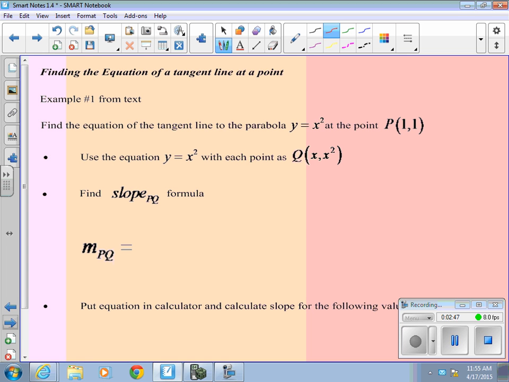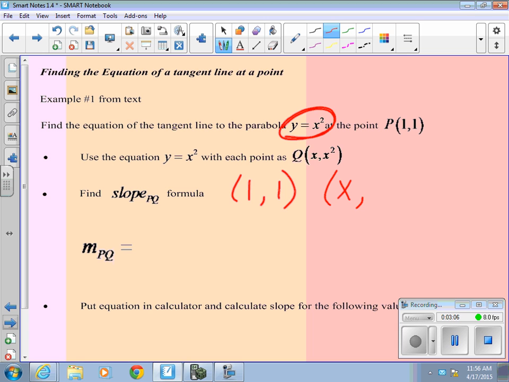So instead of picking out a specific point, we use the point (1, 1) that we know, and we use a generic point based on the curve. We don't know its x value, so its x value is just x. We don't really know its y value, but we know something about y in this particular situation.